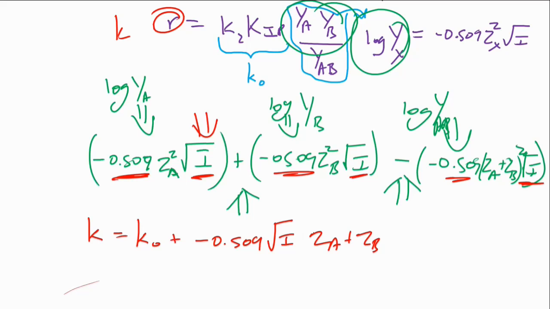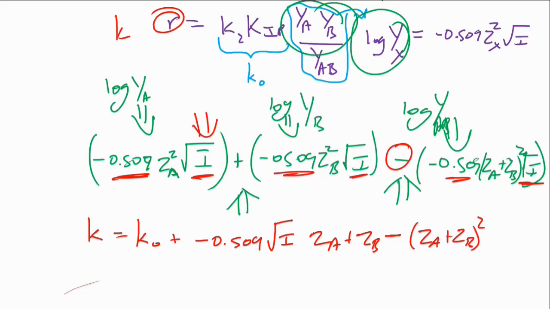And then over this part now, we have also this minus sign, this one. So it would be ZA, ZB, all squared. Okay?